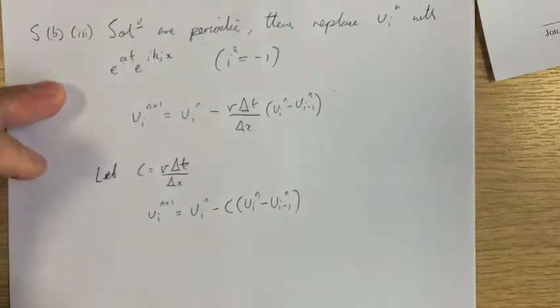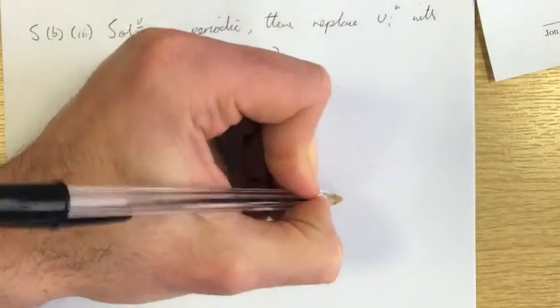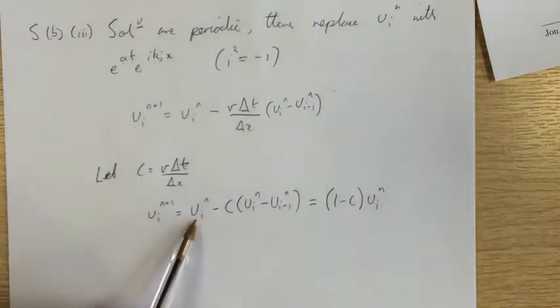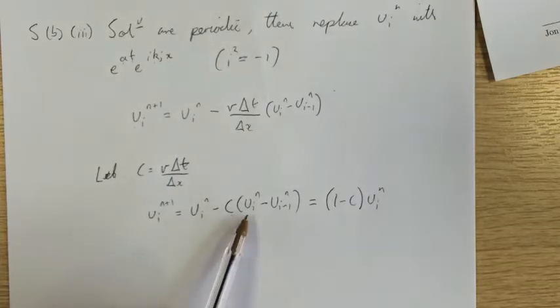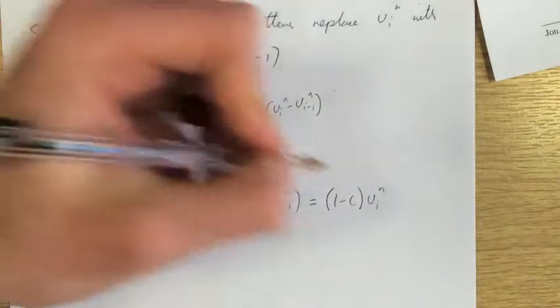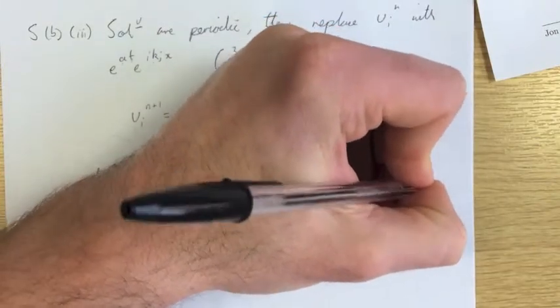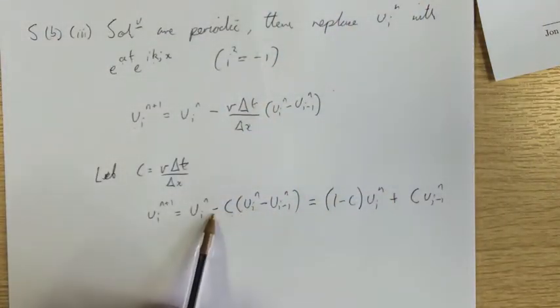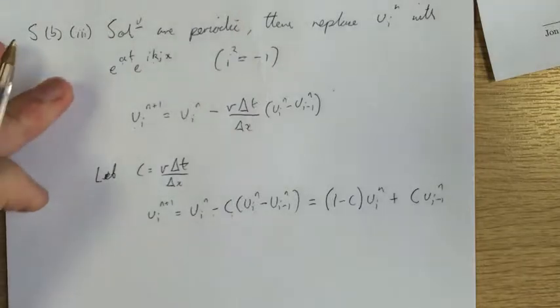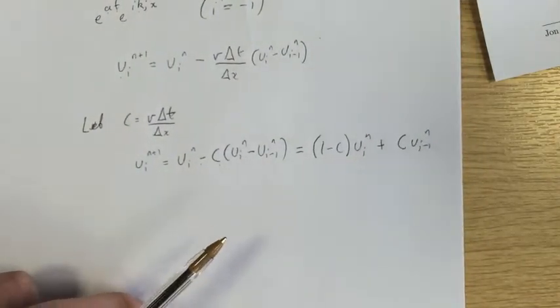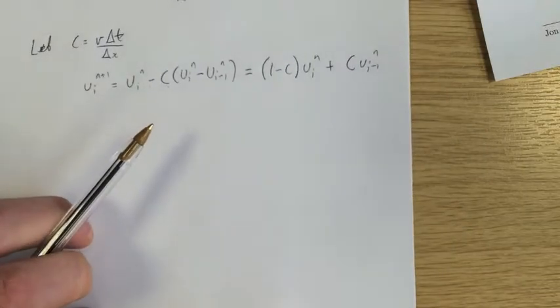I could simplify this a bit more by saying (1 minus c) u_i^n, because I've got 1 there and a minus c lot of u_i^n, and that's going to be plus c times u_{i-1}^n, since minus minus gives us plus. Writing it in this form makes things a lot easier for this particular analysis.